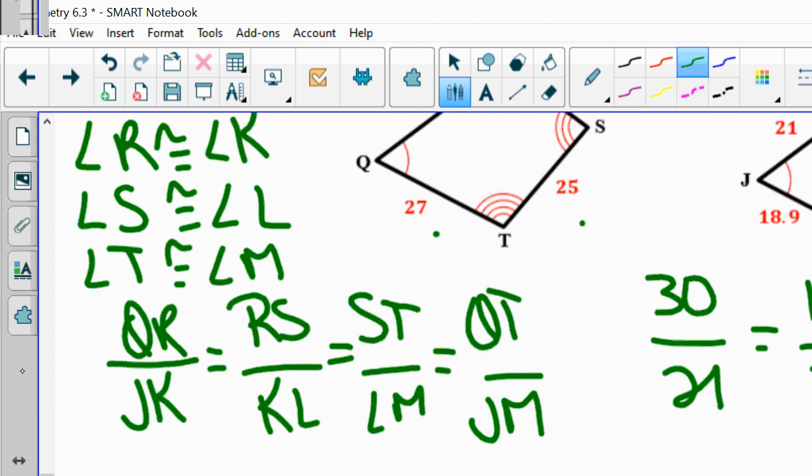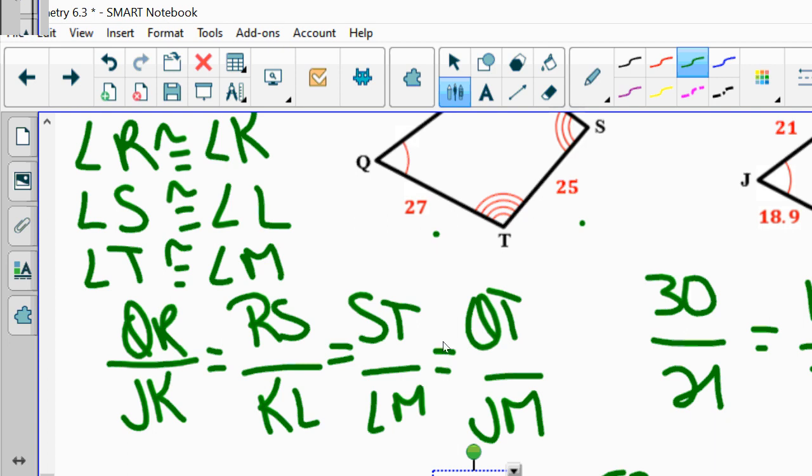So now let's do the ST. So ST is 25 over LM, 17.5. Again, I want to get rid of that 0.5, so divide everything by 0.5. So then I end up with 50 over 35.